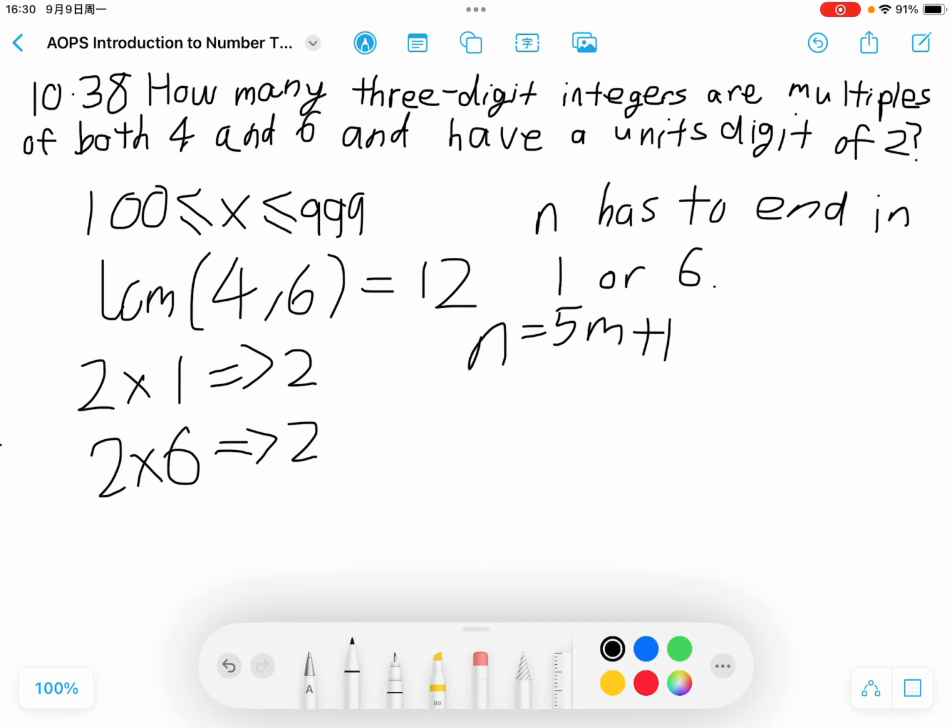So that's n. And when n is equal to 5m plus 1 for some whole number m, then n is a positive integer that has a unit digit of 1 or 6. So therefore we know that n times 12 will end with a unit digit of 2, because if n has a unit digit of 1 or 6, it produces a number with the unit digit of 2 when multiplied by 12.